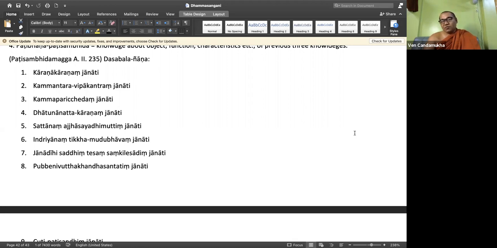So the Buddha not only knows people are different from one person to another in terms of temperament and tendency, but also knows the reason why they are different in terms of temperament.